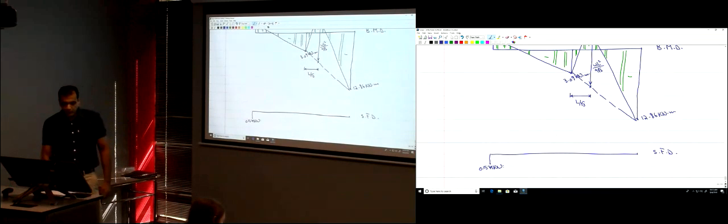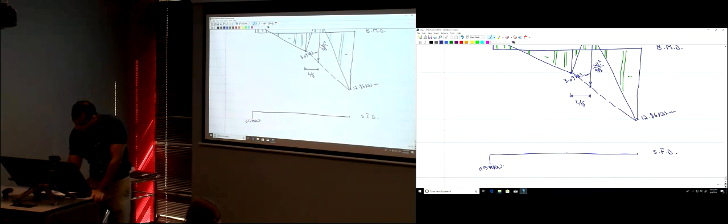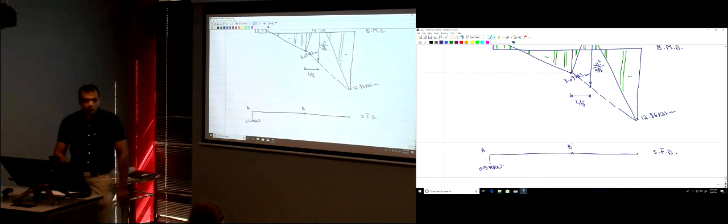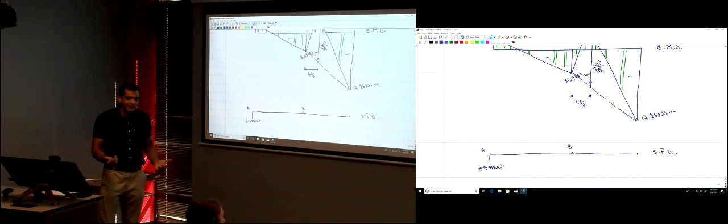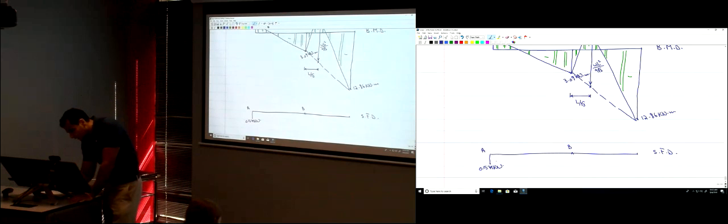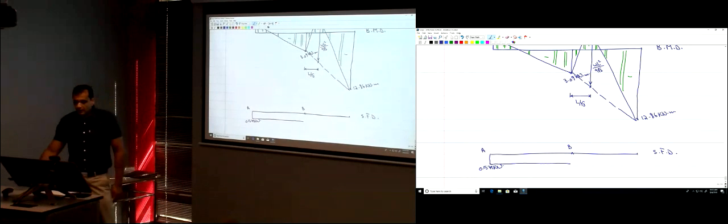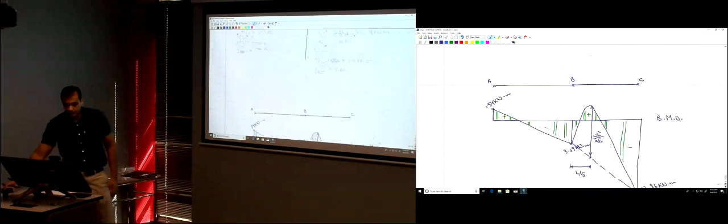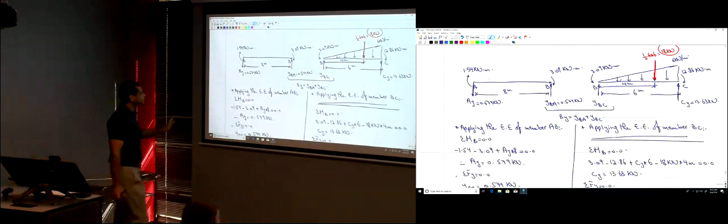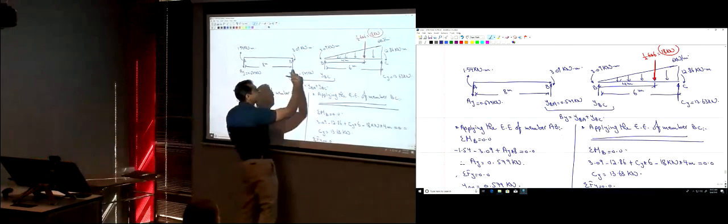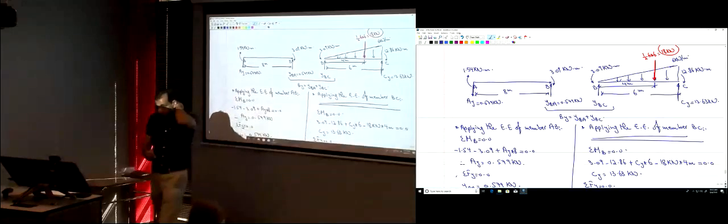And then from point A to point B, were there any loads that would change the magnitude of the shear? No. So the shear is going to remain constant. And then at point B, you're going to go up to 0, right?